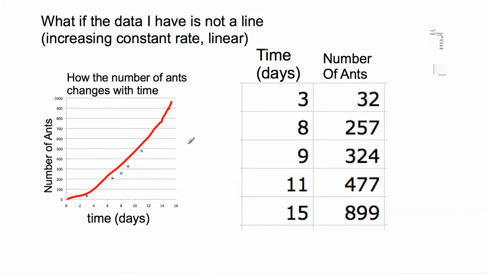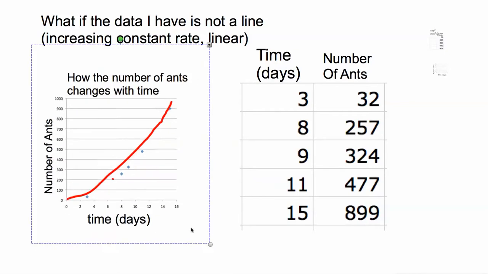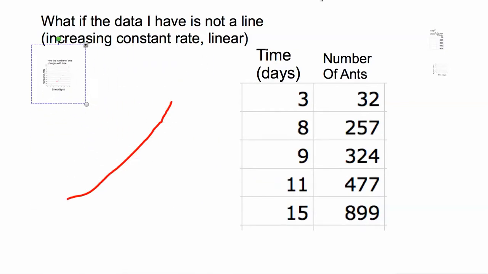So the relationship here is really that this squared is related to that. And so there's a nifty way we can linearize this or make it look like a line. And I'm going to show you that here.